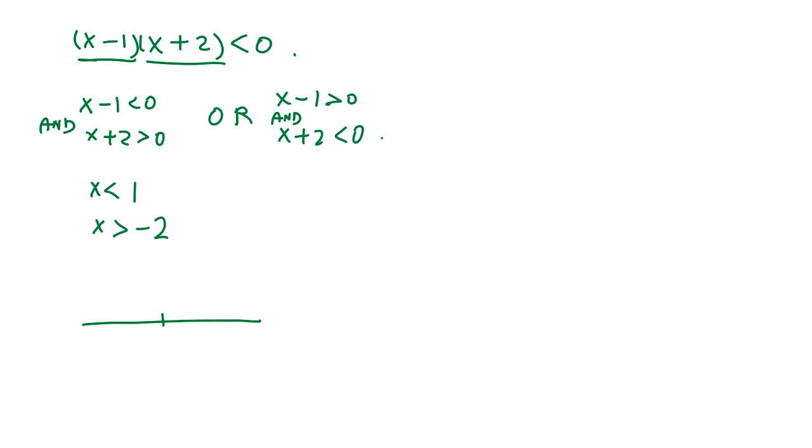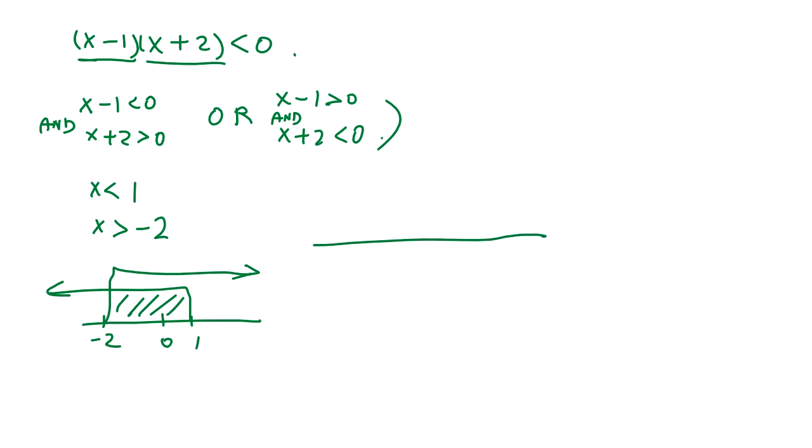So this is negative 2, 0, 1. Okay, so this is one of the answers. How about the other case? x is larger than 1 and x is smaller than minus 2.